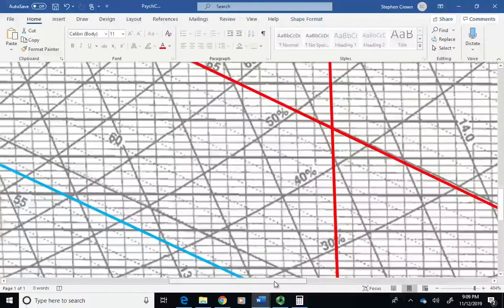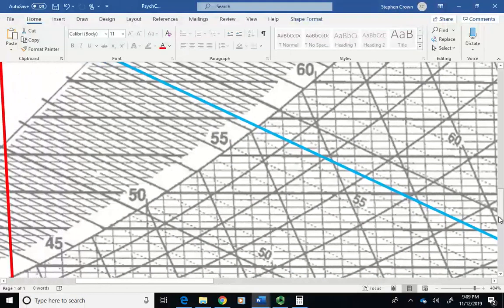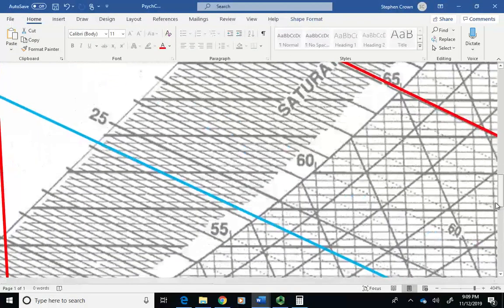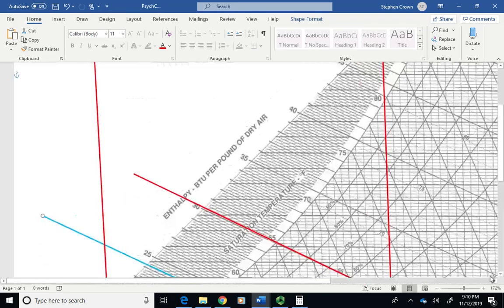Gotta scroll over a bit. I'm gonna zoom out just after I read it, just to make sure. But that looks like 24.2. This is 25, 24, and then plus 0.2, 24.2. And just zoom out a bit. It's a little too much.